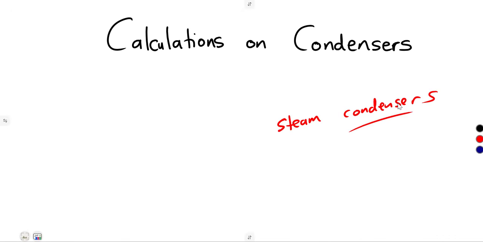So I'm going to bring up a general or an overall view that we are going to use as long as we are dealing with condensers, and that is going to guarantee you that you are going to have all the marks that are there, because we just need the basics.